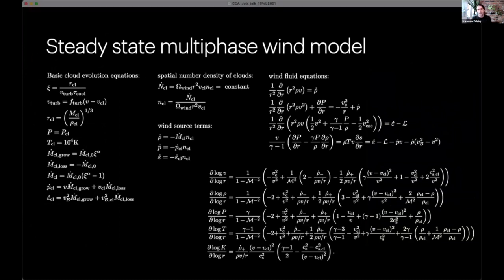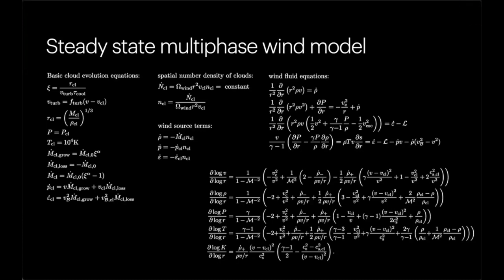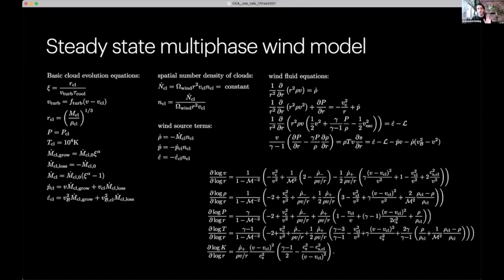And it's really not that complicated. It's just the mass, momentum, and energy conservation equations with source terms that describe the transfer of mass, energy, and momentum between the cold clouds and the hot winds. And that's these equations here. And with these, you can solve for the structure of the wind.